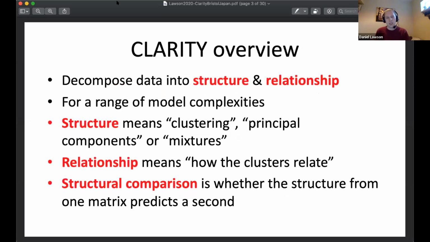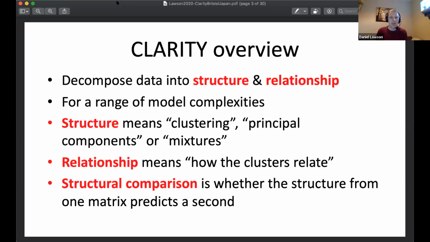The method works by taking a similarity matrix that is in one data set, decomposing that into something that we've called a structure and a relationship. And we do this for a range of model complexities. So what does structure mean? We have a way of interpreting this structure, and it's totally analogous to a clustering, but it's more general than that. It also includes mixtures, but also positions in principal components space.